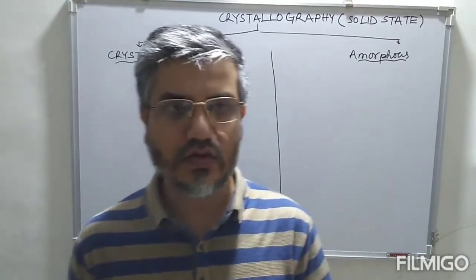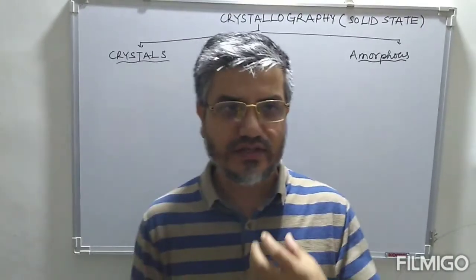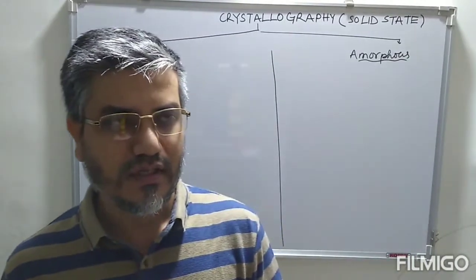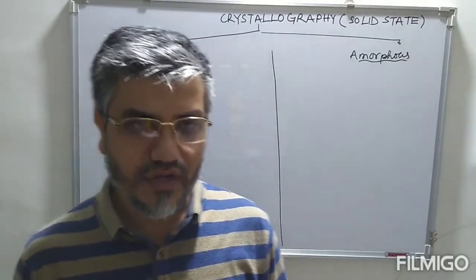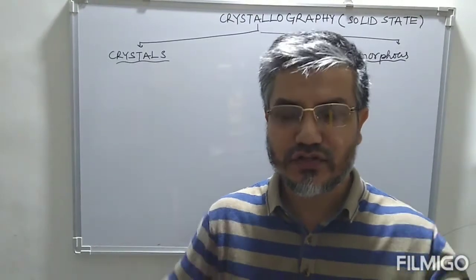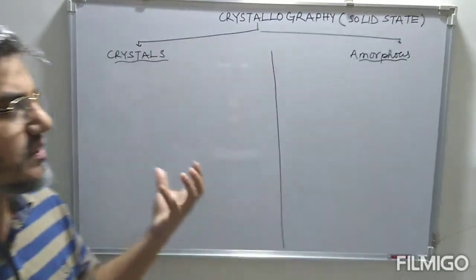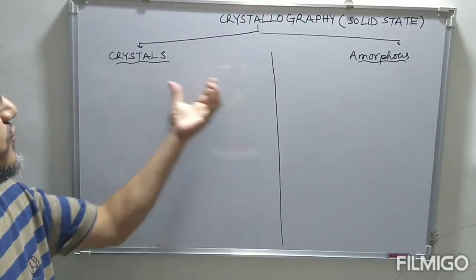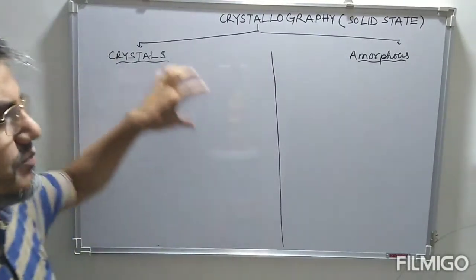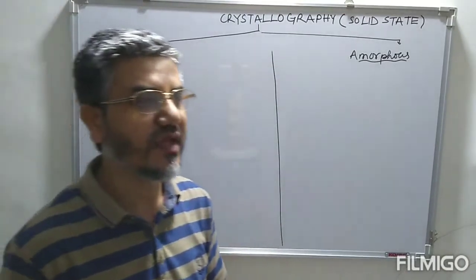Or if we consider the constituents to be atoms, again these atoms are arranged regularly throughout the crystal. Or if these are ions, the cations and anions are arranged regularly throughout the crystal. That means there is regularity in the arrangement of the constituents of a solid. That type of solid is what we call crystalline solid.